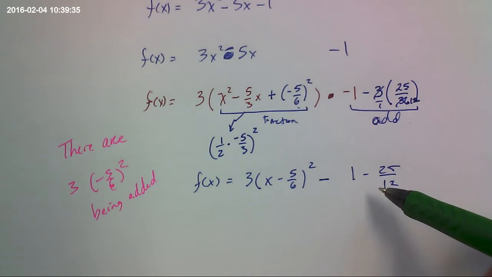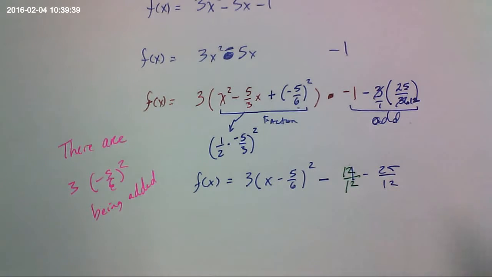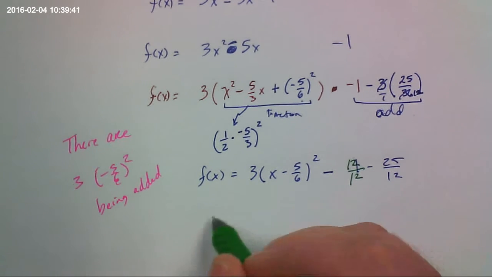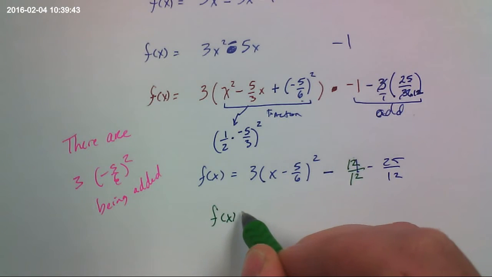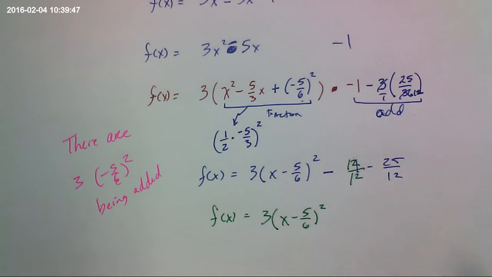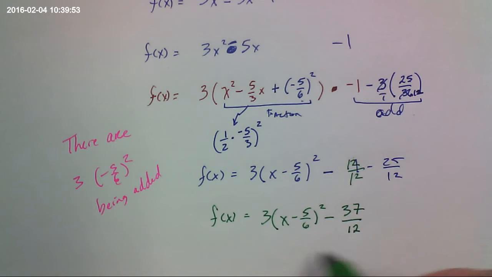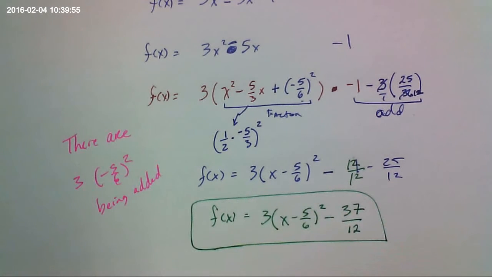So that'd be 12 over 12. Then, finishing it up, 3 times x minus 5 over 6 squared minus, is that 37 over 12? That's ugly.